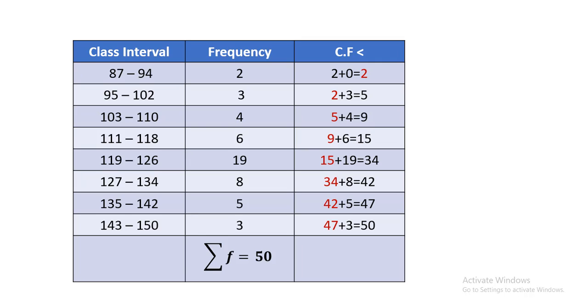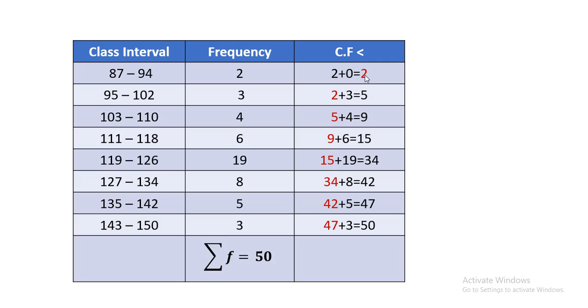Then 9 as it is, answer copied down, 9 plus 6, this 6, equals 15. 15 as it is, 15 plus 19 equals 34. 34 as it is, plus 8, 34 plus 8 equals 42. Then 42 plus 5 equals 47. 47 plus 3 equals 50.